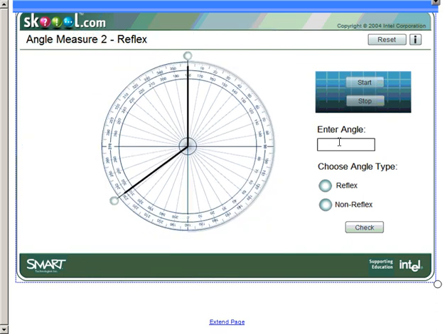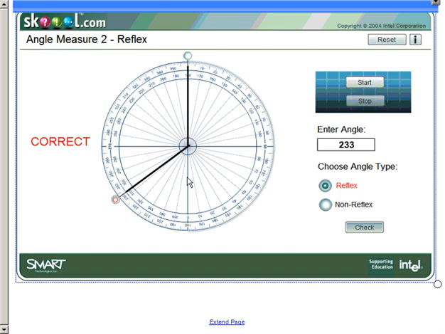Let's see if I'm right. Let's check. All right, so this time I've made a reflex angle. A reflex angle is going to be greater than our 180-degree straight angle. So here we go. This would be an obtuse angle, and the reflex angle is the angle around the outside.